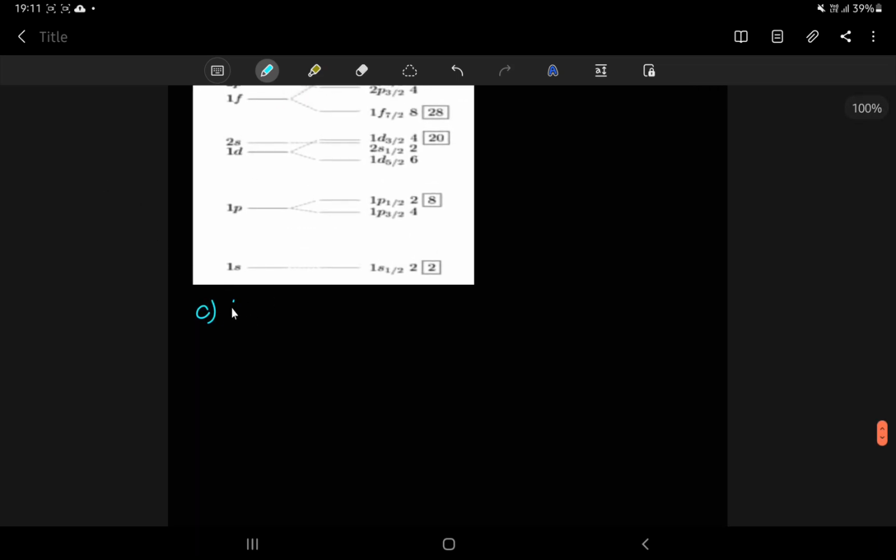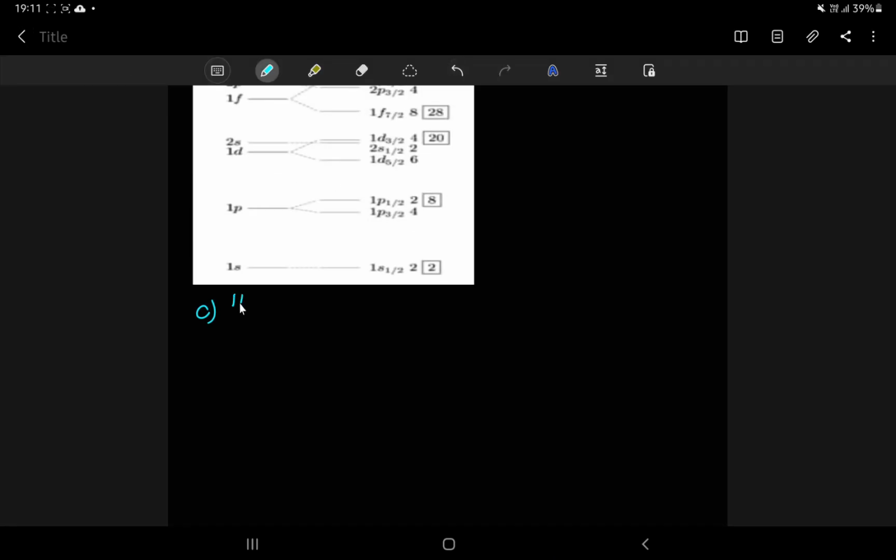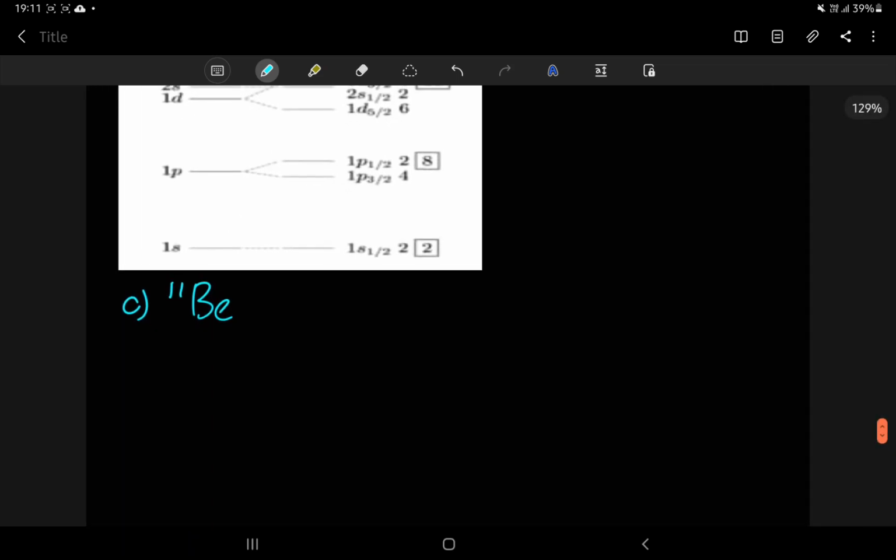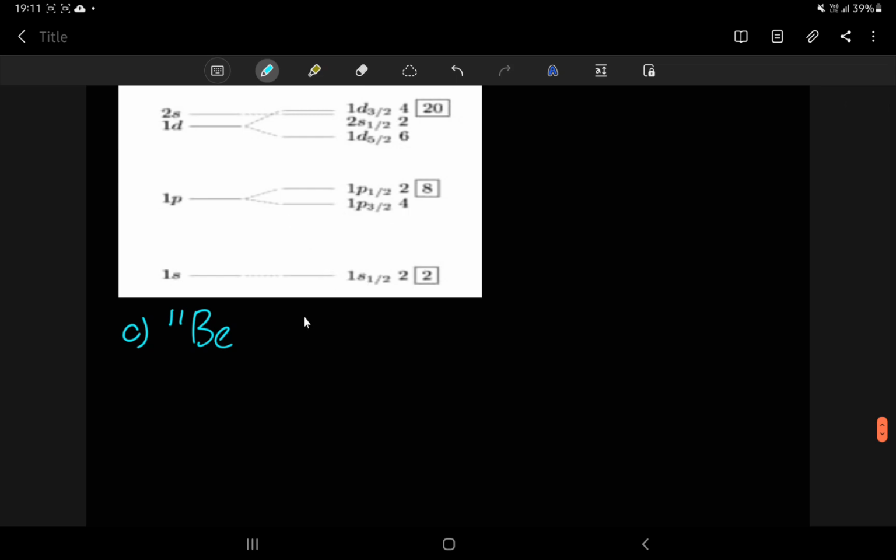Beryllium has atomic number 4 and the neutron number is 7. So the proton number equals 4.